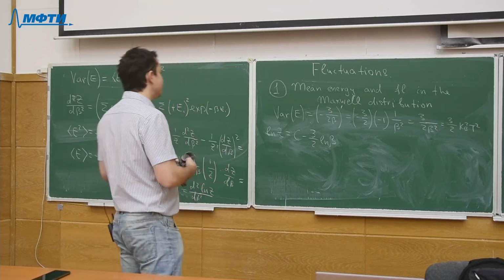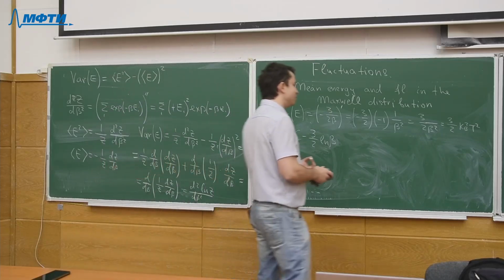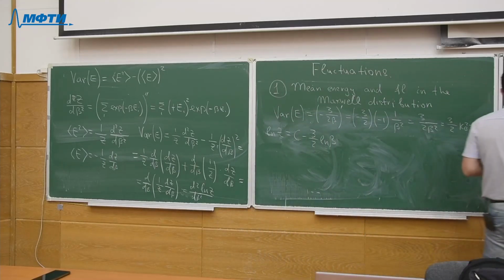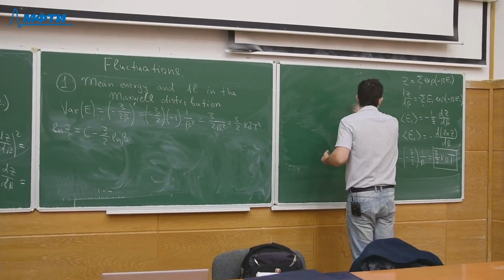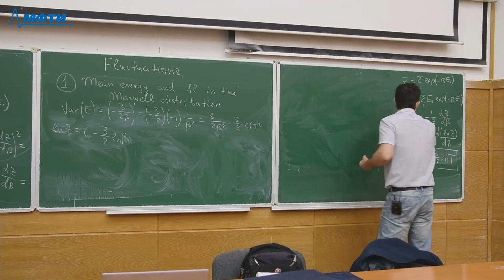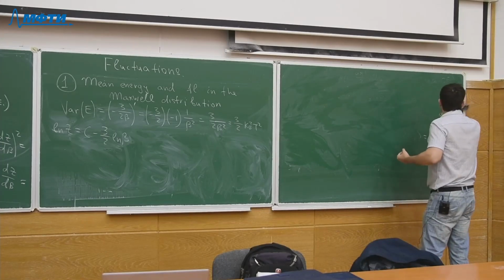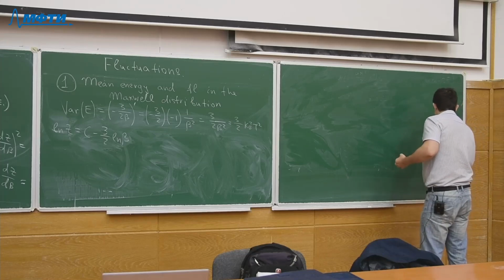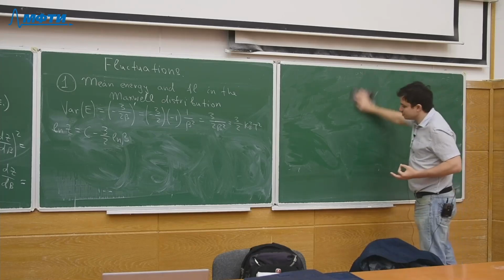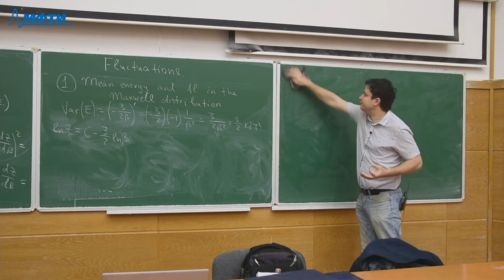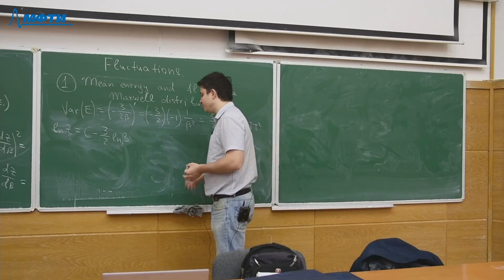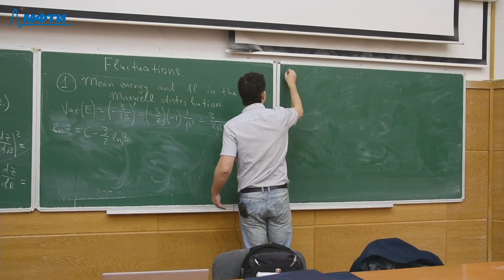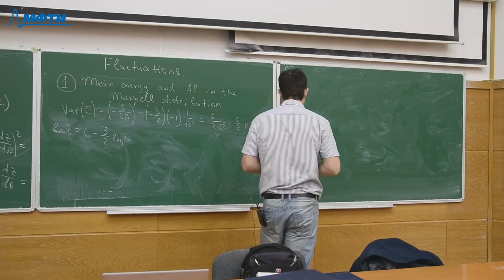So I need to go from energy and variance for the single particle to the energy and variance of the gas, which consists of multiple particles. This question is the beginning of my second story today. The second story is how you calculate mean and variance, or mean and fluctuations, of macroscopic quantities.